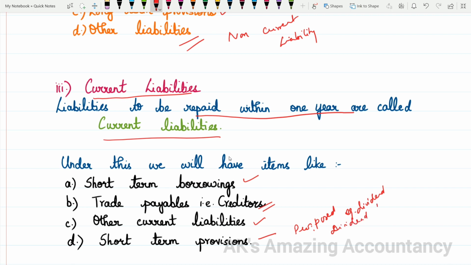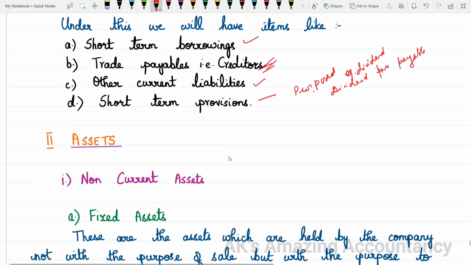Such items will come under short-term provisions. Again, it's not that all these items will come in all the problems. A very common item which will come under current liabilities is creditors, that is, trade payables. If you have any calculations relating to this, you can do this and record it with a note number and take it to the main balance sheet.